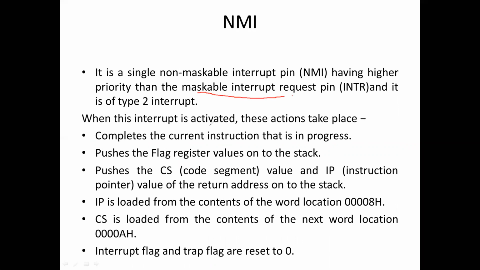Now, if this interrupt is activated, what action will be taken by the microprocessor? The microprocessor always completes the current instruction. Even if it is a non-maskable interrupt, the microprocessor will complete the current instruction that is in progress, then pushes all the flag register values to the stack to retain them.